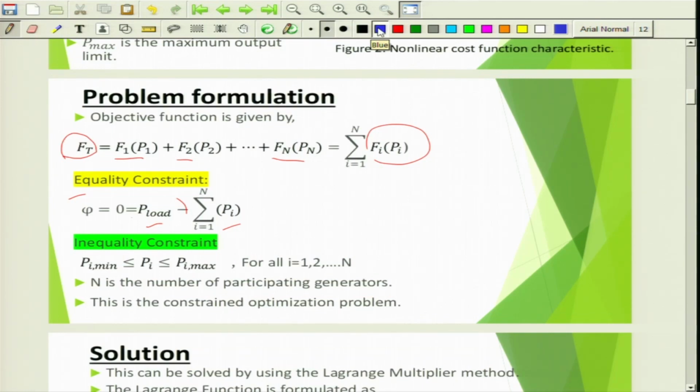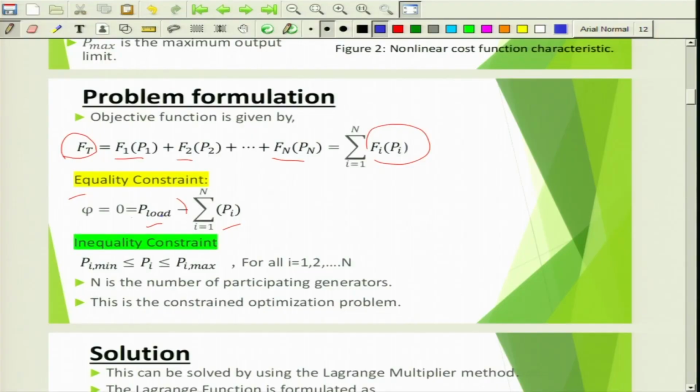We have learnt in our optimization preliminaries that there are two types of constraints, equality constraints and inequality constraints. The equality constraint is that the summation of generation is equal to load. The inequality constraint here is that the generation of each thermal power plant generator should be within this range, P_i minimum to P_i maximum.